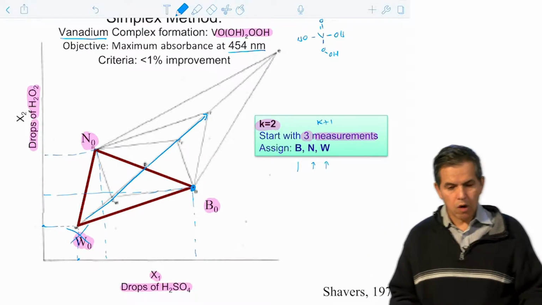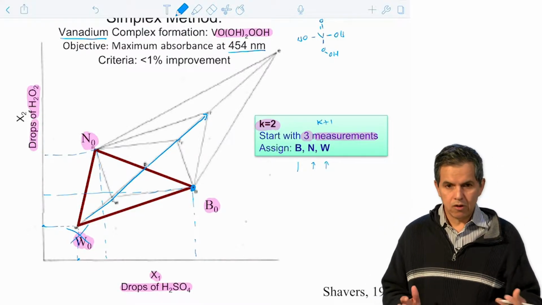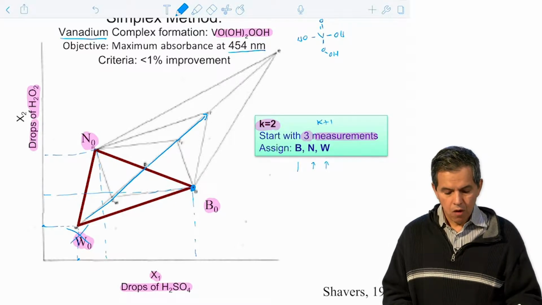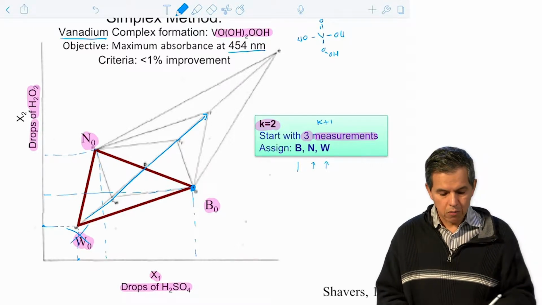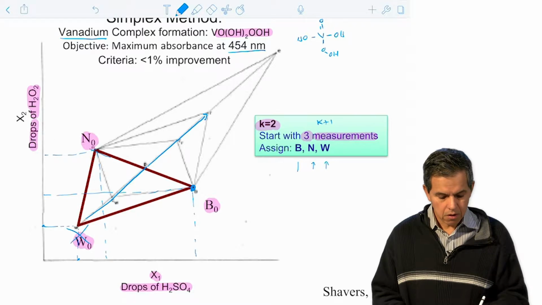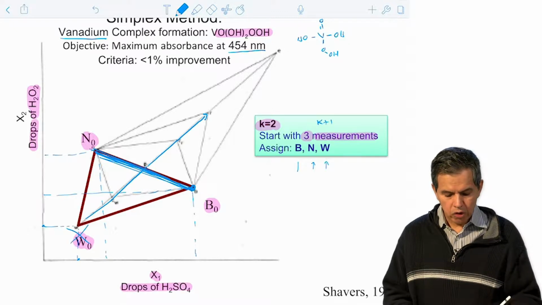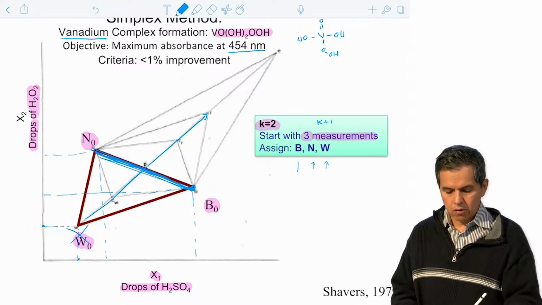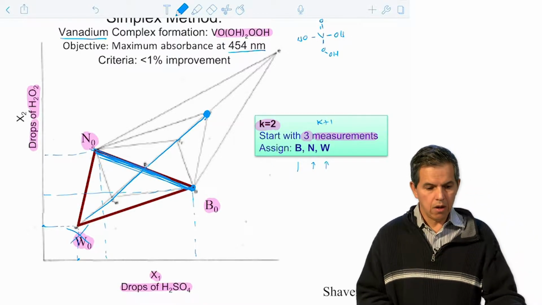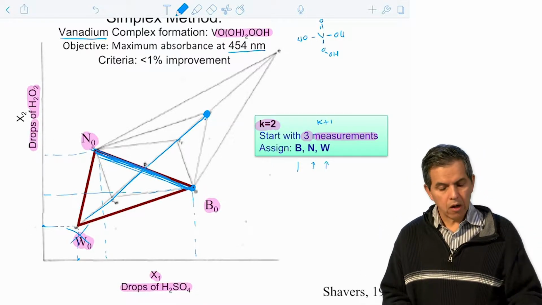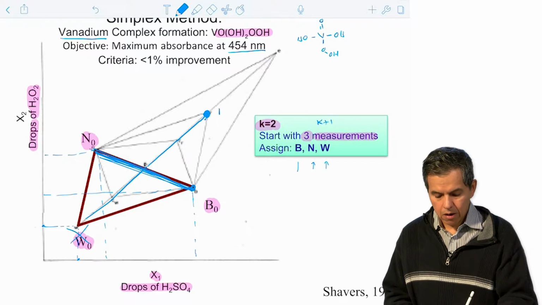So in terms of the visual representation here, we are going to use this plane between the best and the next to best, and try to project the worst condition to the other side. And we are going to define a new point here. This point we are going to call R for now.